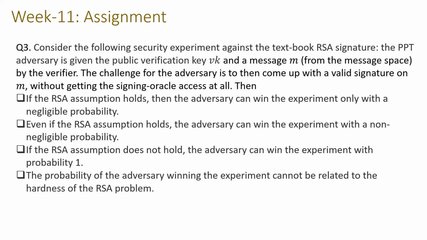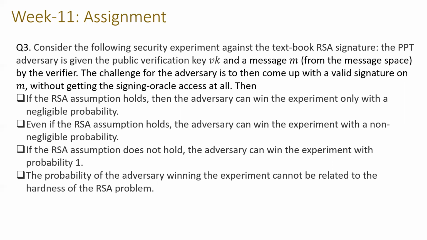But what the adversary is required to do in this question is, given some M, compute sigma. So these two things are unrelated. Here the adversary is given M and has to come up with the corresponding sigma, but the RSA assumption tells us that given sigma, it is hard to compute M. Whether the adversary can compute sigma corresponding to M even without access to the signing oracle is a completely different context from the RSA assumption.